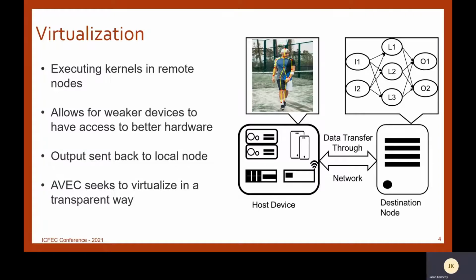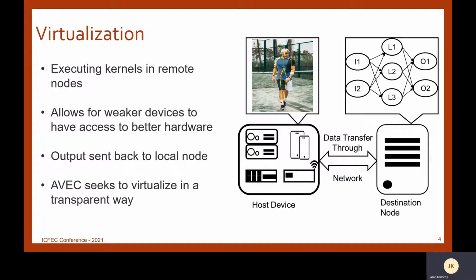GPU virtualization in a cloud edge network can be achieved by intercepting local calls to a local GPU and forwarding them to a remote node with an accelerator. The function will then be executed on the remote node, and the output of that kernel or function will be sent back through the network to the local node, where the application can continue as usual.